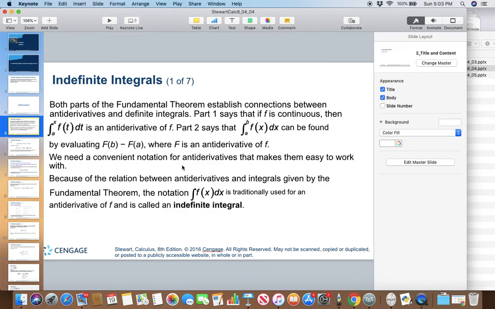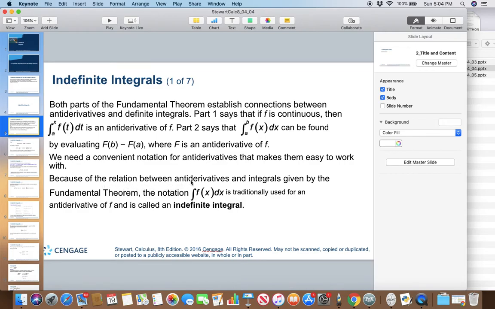We need a convenient notation for antiderivatives that makes them easy to work with. Just as the derivative has d/dx or prime as a notation, for integration or antiderivative we have a notation, and that notation is simply the long S, without the limits mentioned.